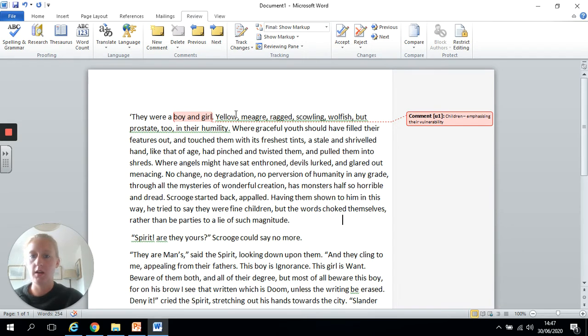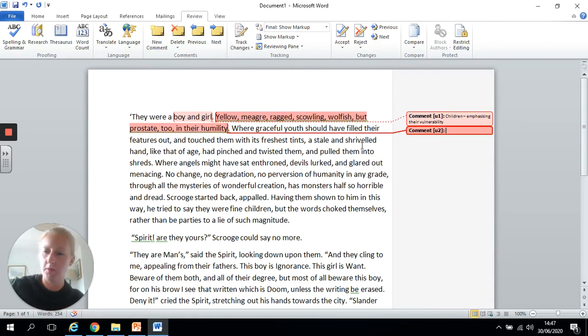And they were particularly poorly treated at this time, sent up chimneys and things like that. Not like we would view children. They didn't have the chance to just run and play and be young. Okay, and then we've got this listing: yellow, meagre, ragged, scowling, wolfish, but prostrate too in their humility.